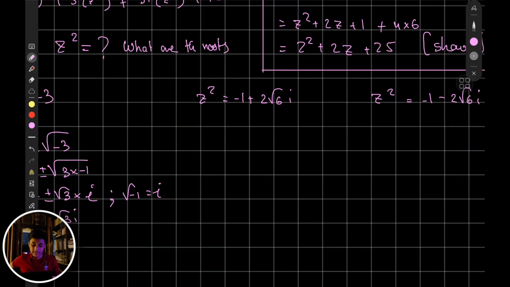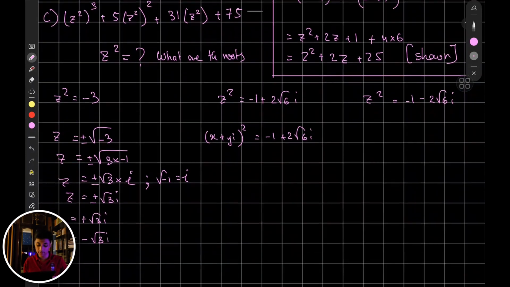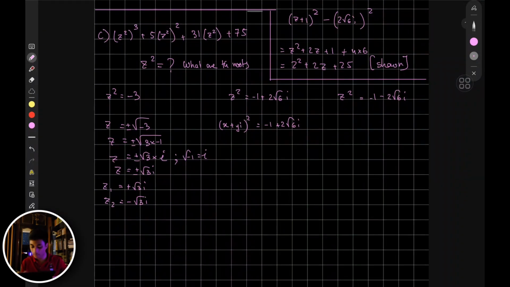So in this case, you can represent z as x plus yi and then use identities to solve. x plus yi whole square equals minus 1 plus 2 root 6i. Keep this part as it is. We're going to touch it later on.